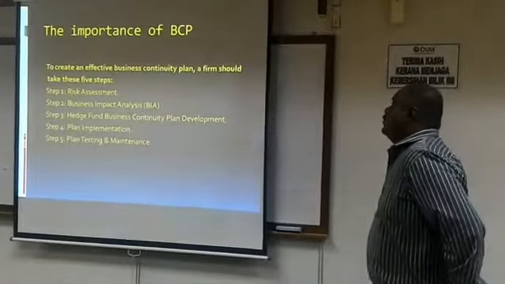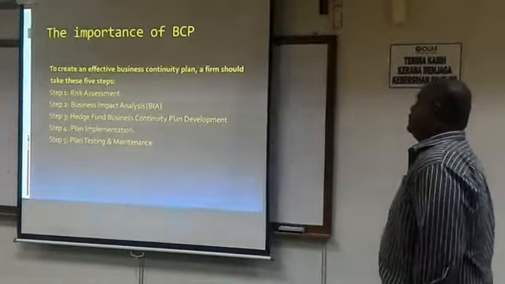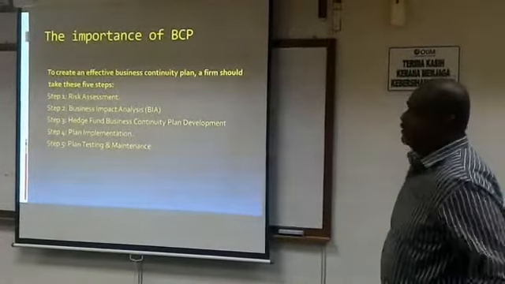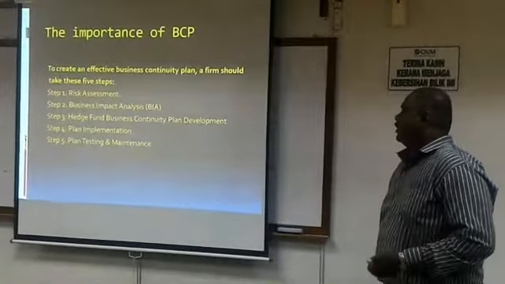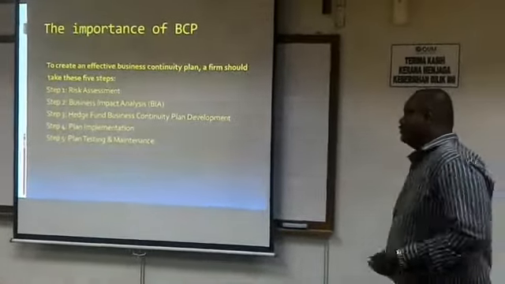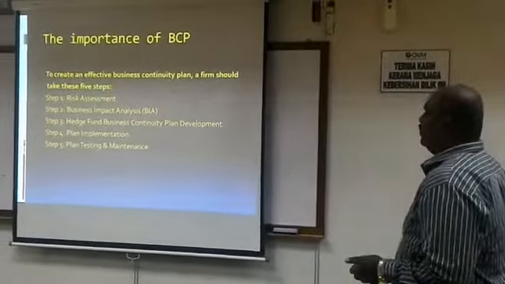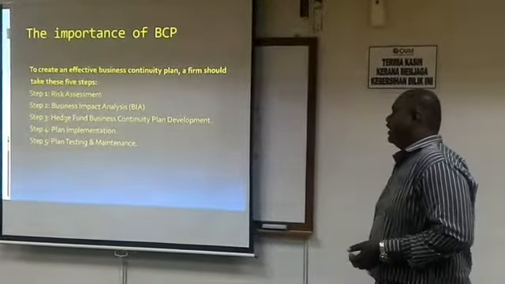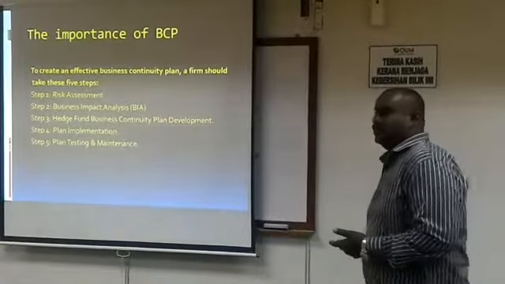The importance of BCP for an organization: there are 5 steps. One is risk assessment, two is BIA, business impact analysis, then business continuity plan development, plan implementation, and the fifth is plan testing and maintenance, which is the last one.